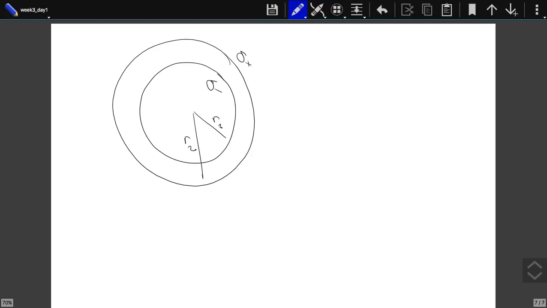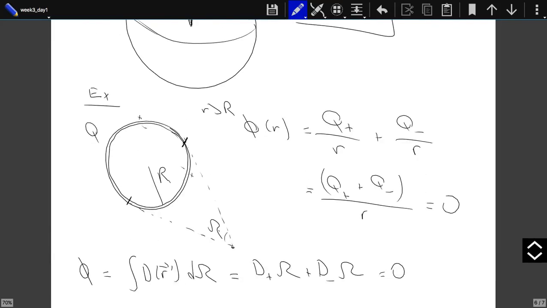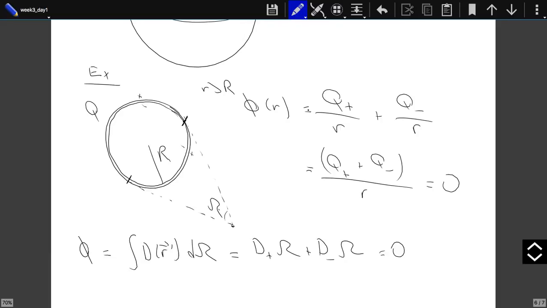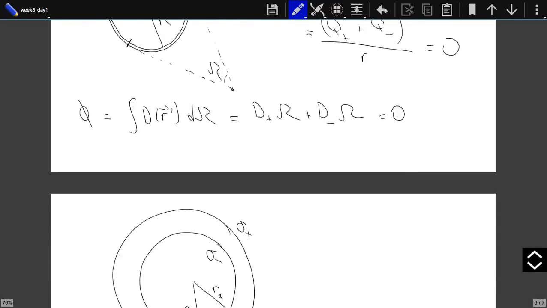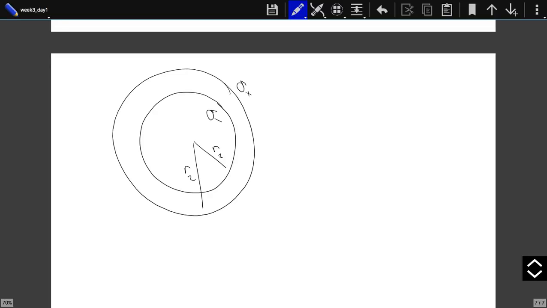Sigma plus and sigma minus are not equal to each other, because at least in the first example over here, I assume that the total charge is 0. I still would like to study the same case. The dipole layer should have a total charge equal to 0. But if the total charge is 0, sigma plus and sigma minus are related to each other.